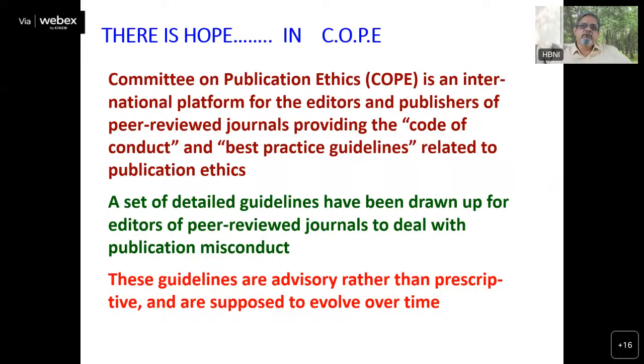So why did it start from the medical journals? See, in the earlier days, the maximum amount of unethical practices were actually carried out in the field of medical research.